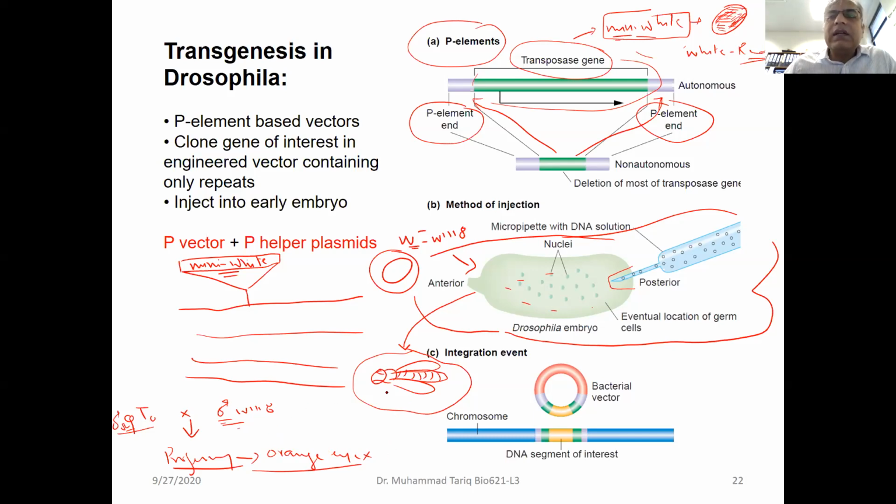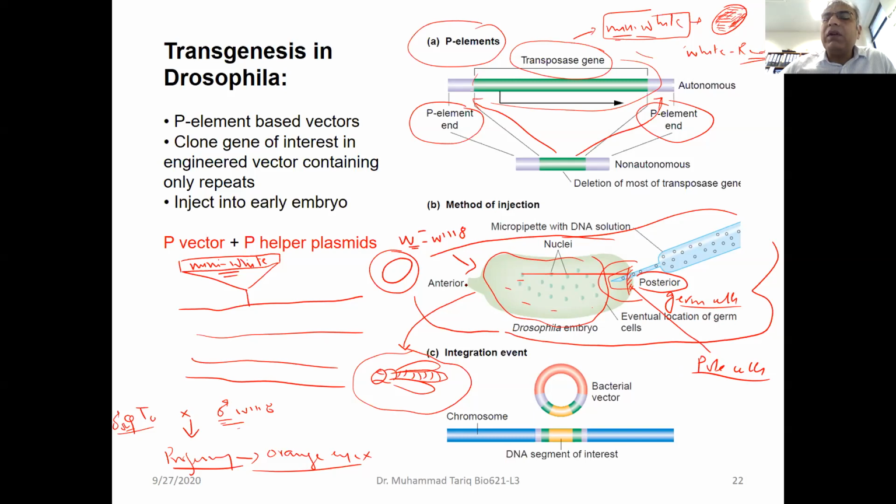So we injected the germ cells. And germ cells in fruit flies are separated from the rest of the body, like here in the posterior pole. They are called pole cells. All the other cells in the embryo here are not injected with our construct.